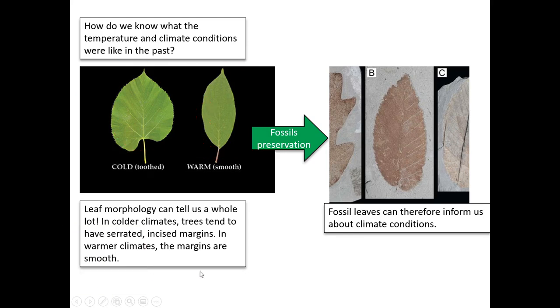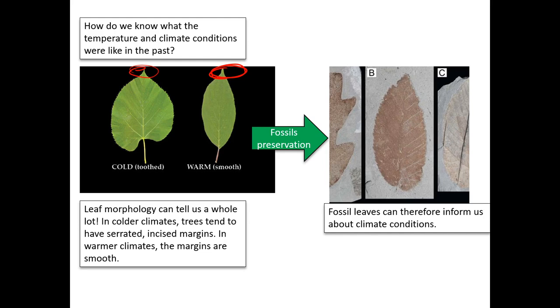Another piece of information that we get is the tip of the leaf. These are called drip tips. The longer and more pronounced they are, the wetter the climate was. So we get a qualitative idea of how hot and dry or wet the climate was, the humidity and temperature levels during different times in Earth's history.